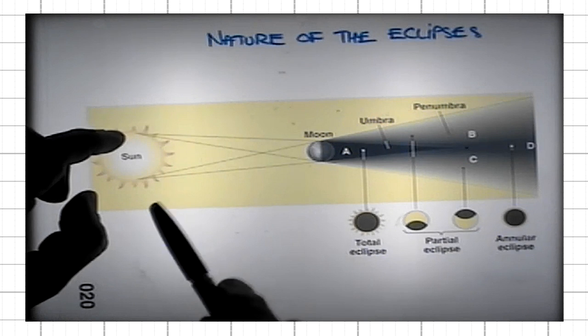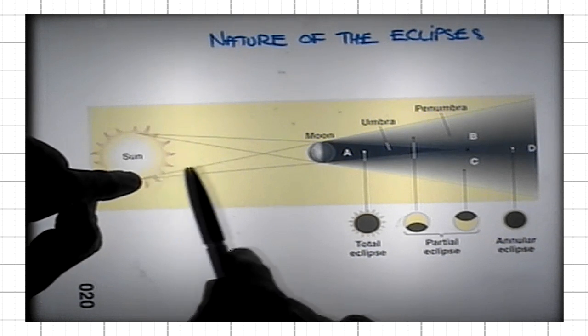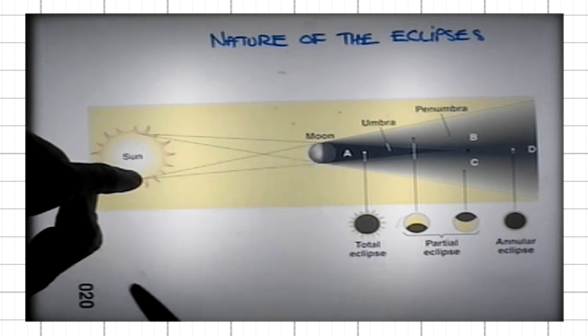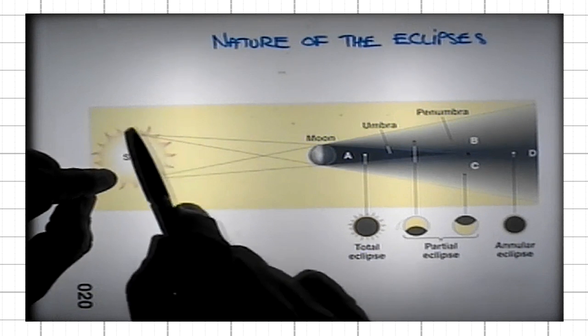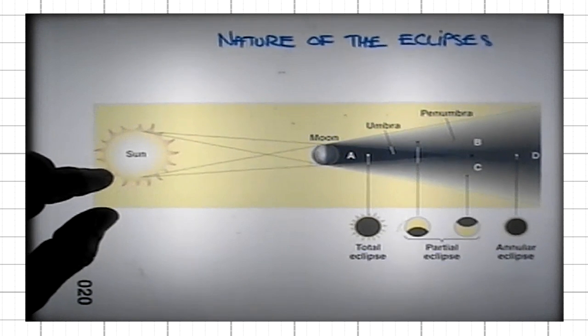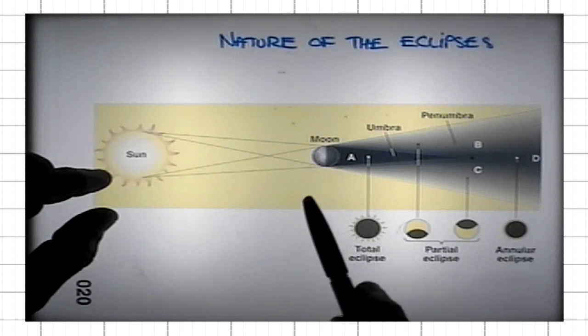Right? And the same here. Any ray between these two rays is going to be blocked by the moon. So we do that point by point on the surface of the light source, and then we construct the type of the shadow that we can have.